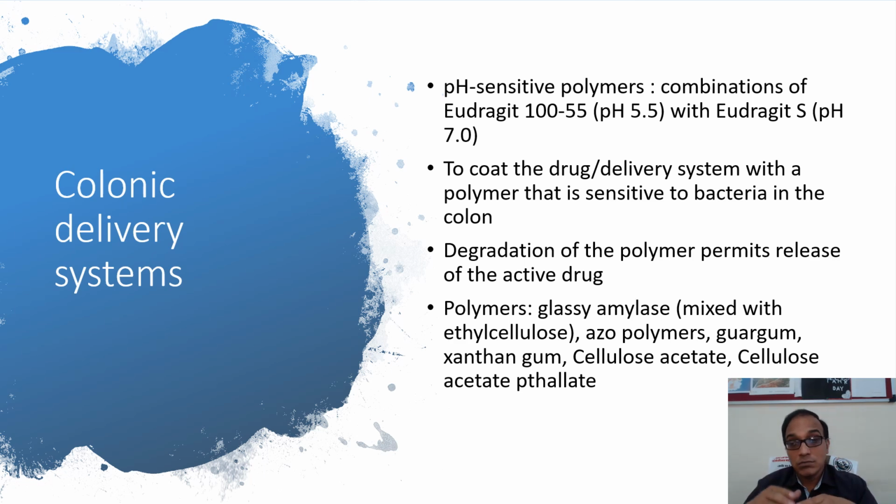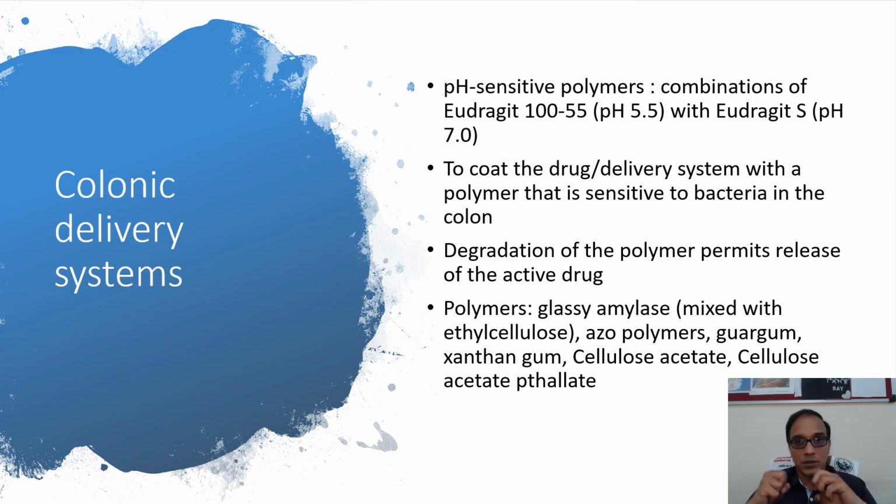Another alternative strategy is to coat the drug or delivery system with a polymer that is sensitive to bacteria in the colon. Degradation of the polymer permits release of the active drug. In this case, the polymers are like glassy amylose mixed with ethyl cellulose, and azopolymers.